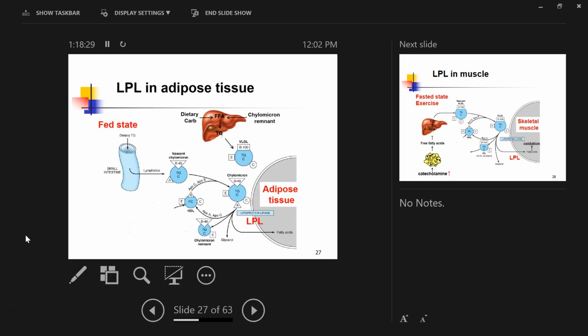Both carry triglyceride to the adipose tissue. So LPL released from adipose tissue hydrolyzes triglyceride in both chylomicron and VLDL, and then picks up fatty acids.